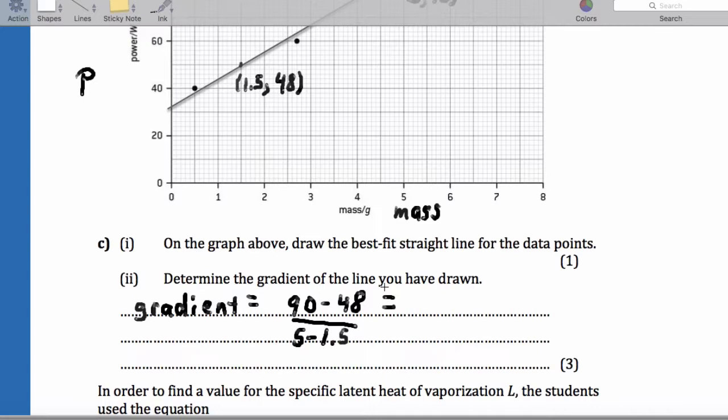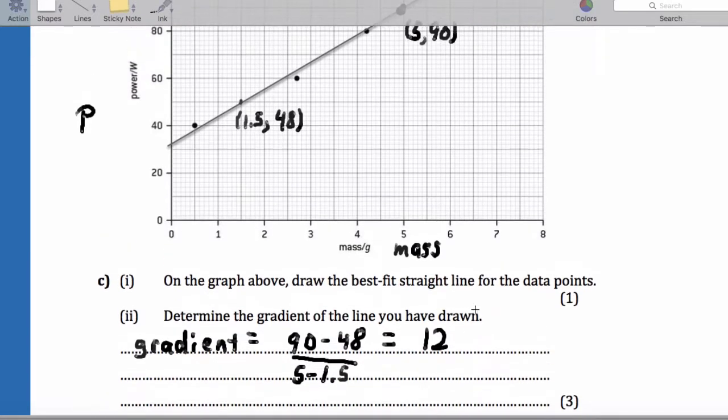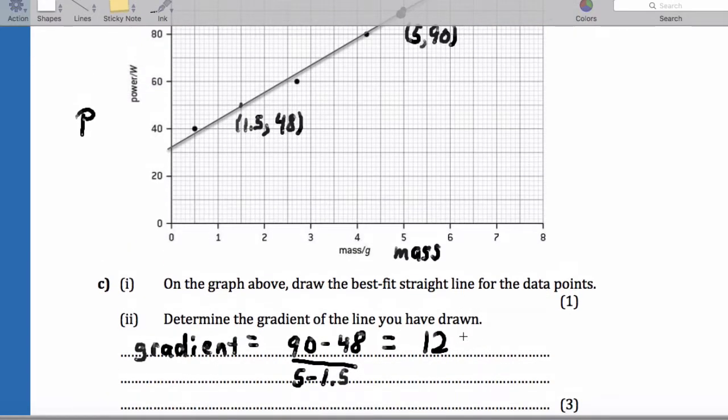That's going to get me a gradient of 12. And, sorry, I had to pause for a second. Let me also get the units on this. So the units on this will be watts per gram, or watts gram to the negative 1.